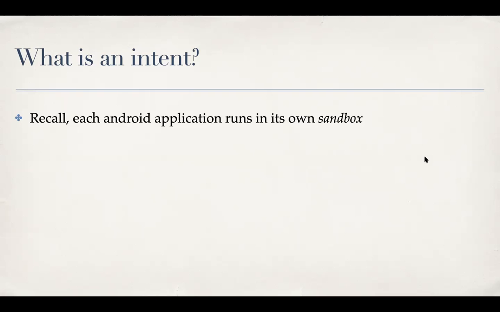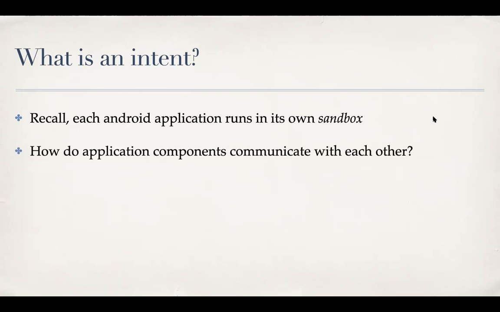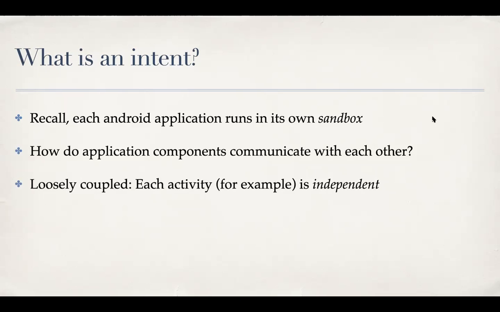But then the question is, sometimes there are meaningful interactions between activities. For example, you want to click a photo and share it on your Instagram or some other social media profile. So how does the camera app communicate with the Instagram app, right? What is the mechanism for that? And once again, remember the Android components, all of them are very loosely coupled.